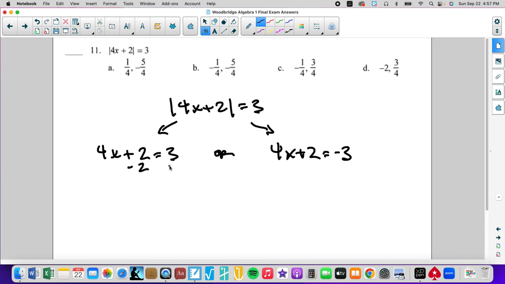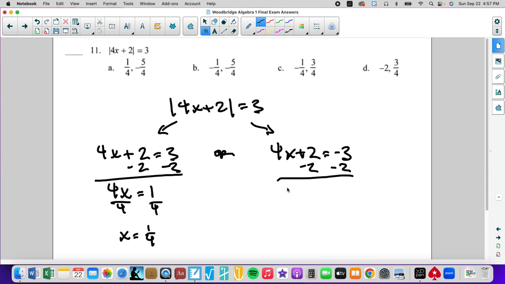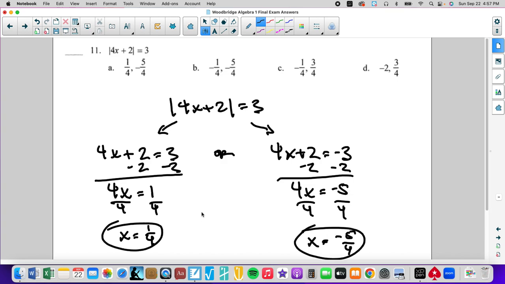So we'll subtract 2, and now we solve. 4x equals 1, divide by 4, divide by 4, x equals 1/4. Minus 2, 4x equals negative 5, divide by 4, divide by 4, x equals negative 5/4. Those are my two solutions, and I will always write it in a solution set in numerical order.